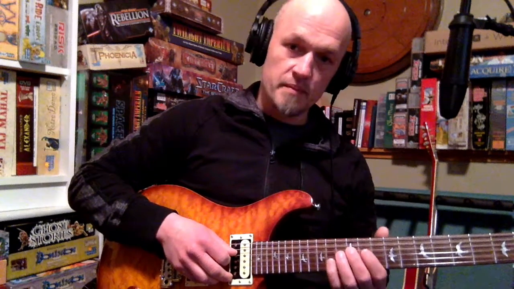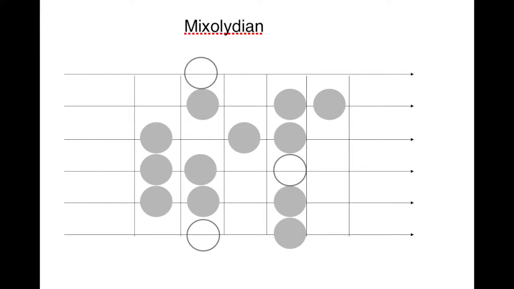And there's a half step in between 6 and 7. 1, 2, 3, 4. Still a half step between 3 and 4. 5, 6. Half step up to 7. And then a whole step up to 1.